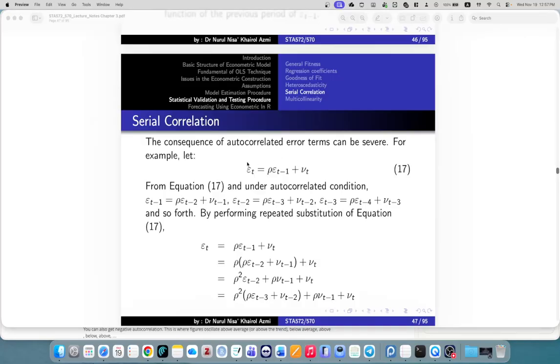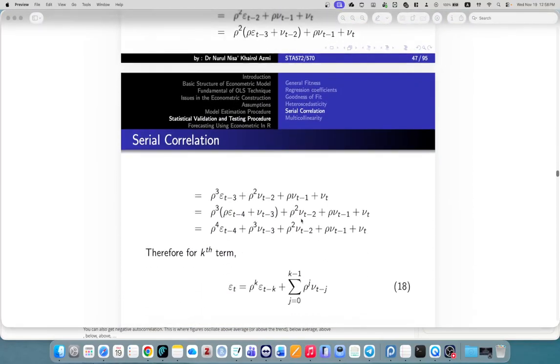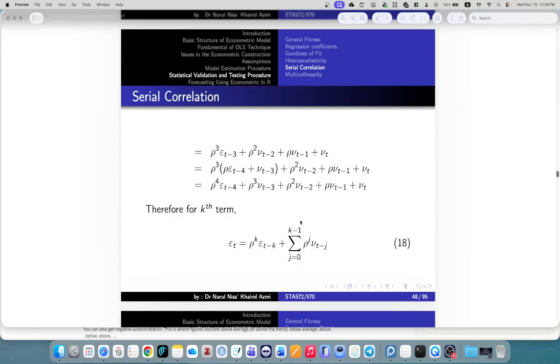E_t minus one, the lag error term, the previous error term, has some degree of information in explaining the current error term. After some repeated substitution, we can reach this general term.